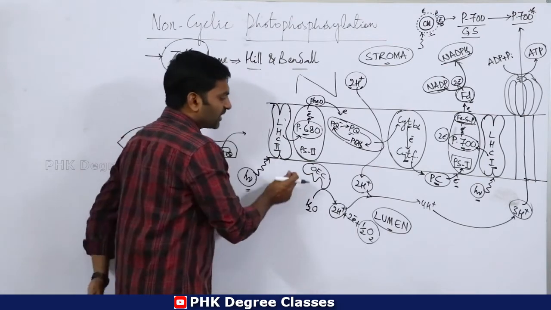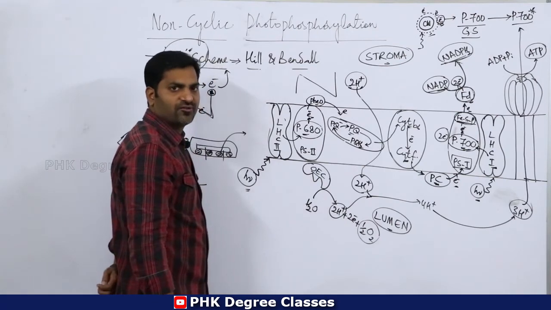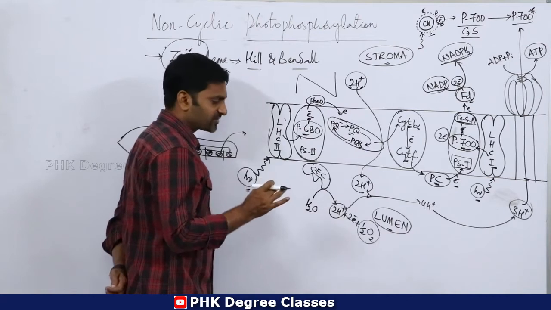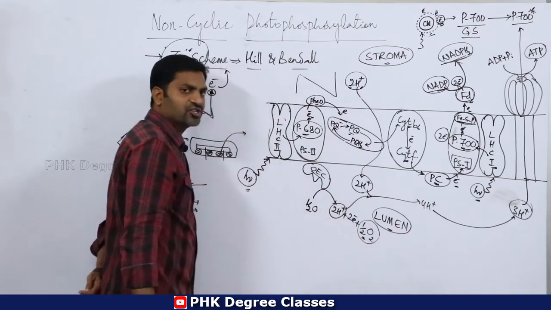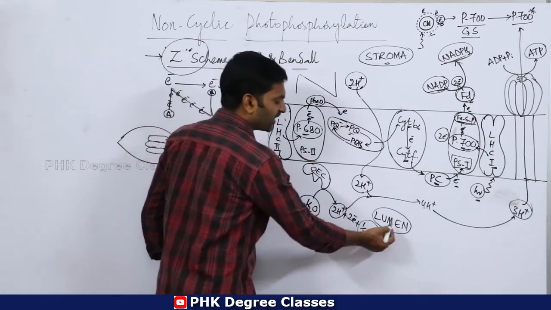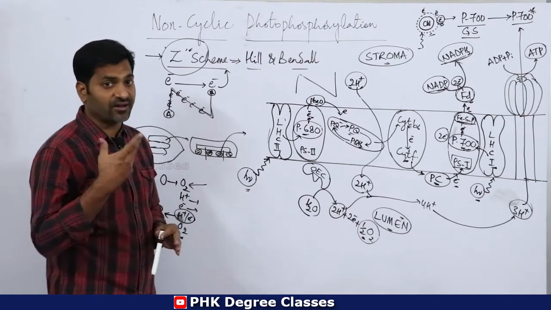Now, at PS2 there is a complex called the oxygen evolving complex. The oxygen evolving complex is involved in the production of oxygen from water. Water is more abundant in the lumen, so the lumen is considered a reservoir for water.